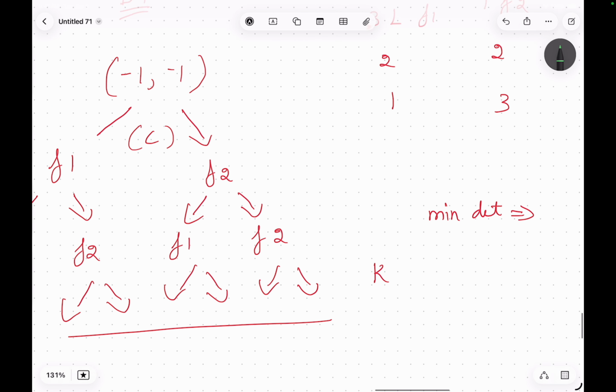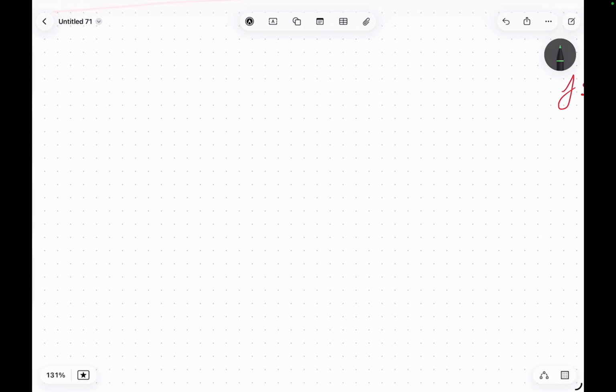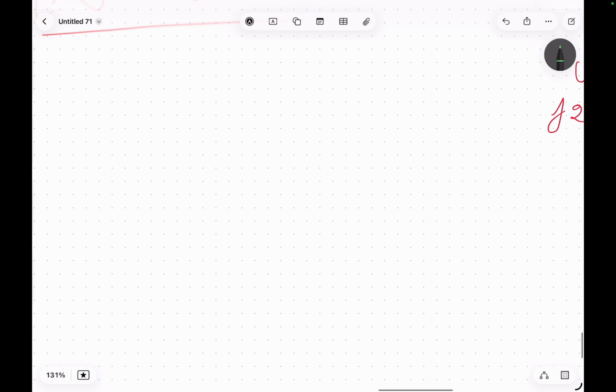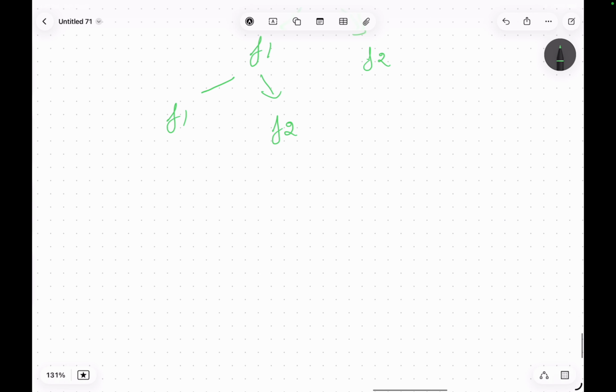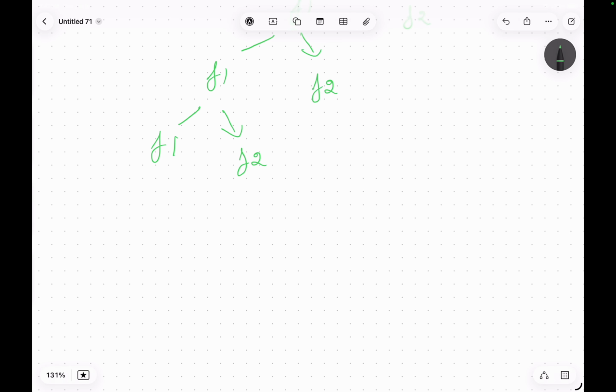Let me draw a decision tree based on this. We start with -1, -1, and we have finger 1 and finger 2. Let us expand this only. Finger 1 and finger 2, then finger 1, finger 2. We can expand this further, but this is the optimal solution.